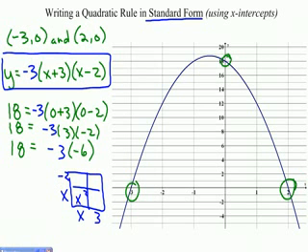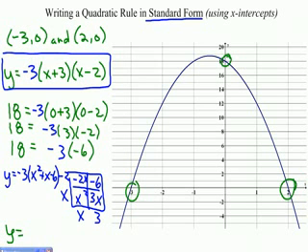I get x squared, I get negative 6, I get 3x, negative 2x, so I get y equals negative 3 times x squared plus x minus 6. And then I just need to distribute the negative 3 to get my final answer.